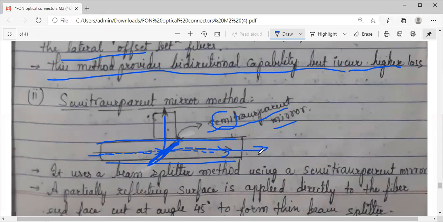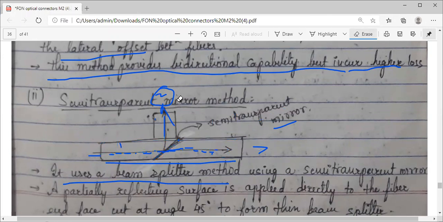So in this way, you can distribute the power. Of the main fiber's power, a small amount you are distributing into the second fiber. This is your second fiber, this is your first fiber. So it uses the beam splitter method.